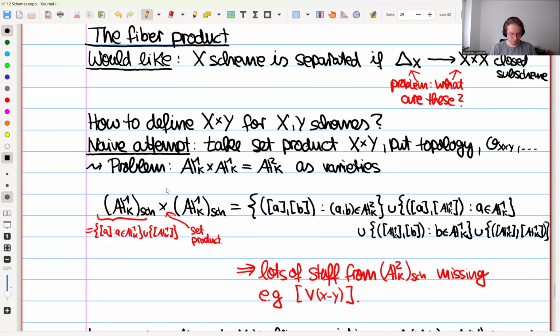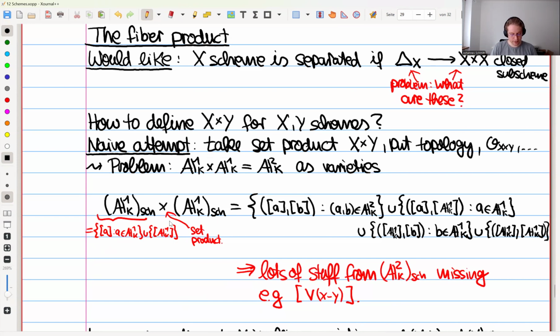So to see the problem, note that as varieties, of course, we have that A1 cross A1 is equal to A2. But then when we go to the scheme level, we have seen A1 scheme has all the points of the usual A1, and then it has one extra point for the generic point. Similarly for the second factor.